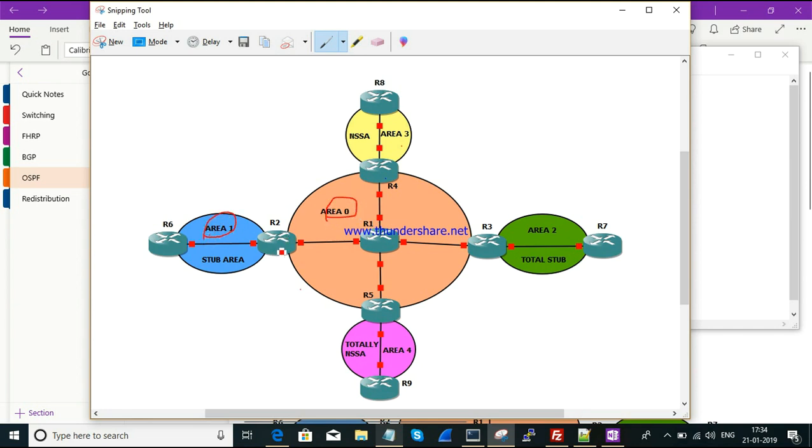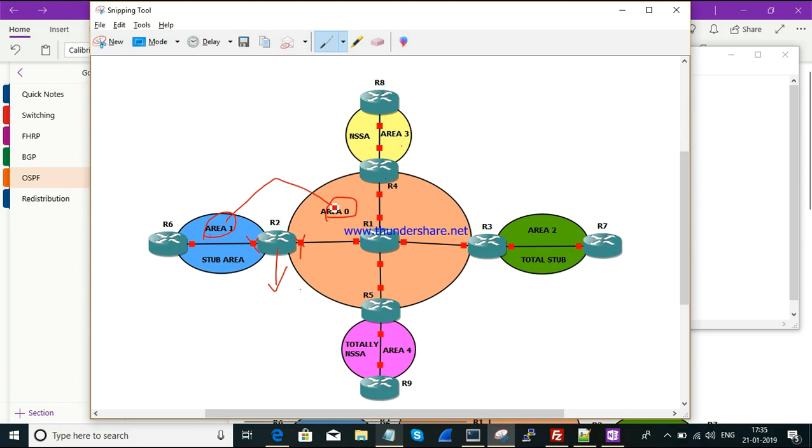In this case, the router R2 is said to be an ABR. Why it is called an ABR: the router connecting this interface and this interface has both interfaces connected to different areas. So this router will have information about more than one area, which indicates this router becomes the border for two areas.